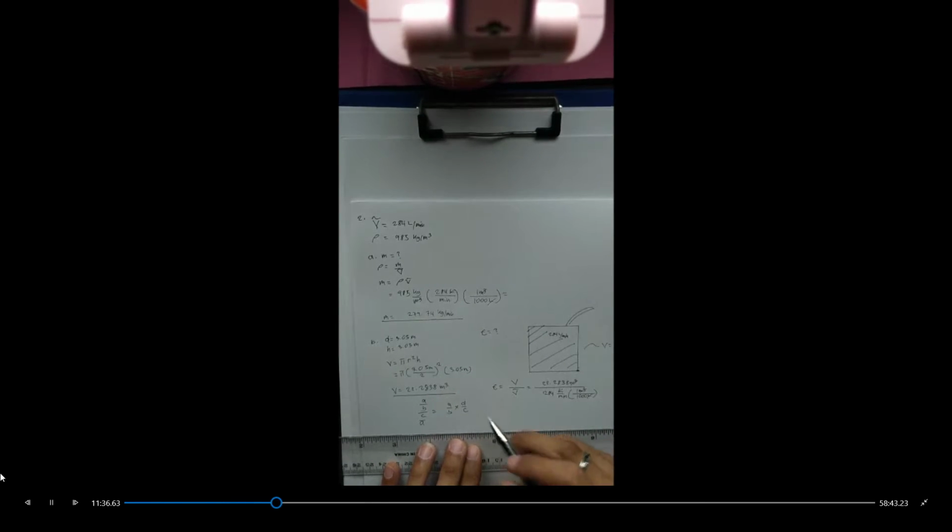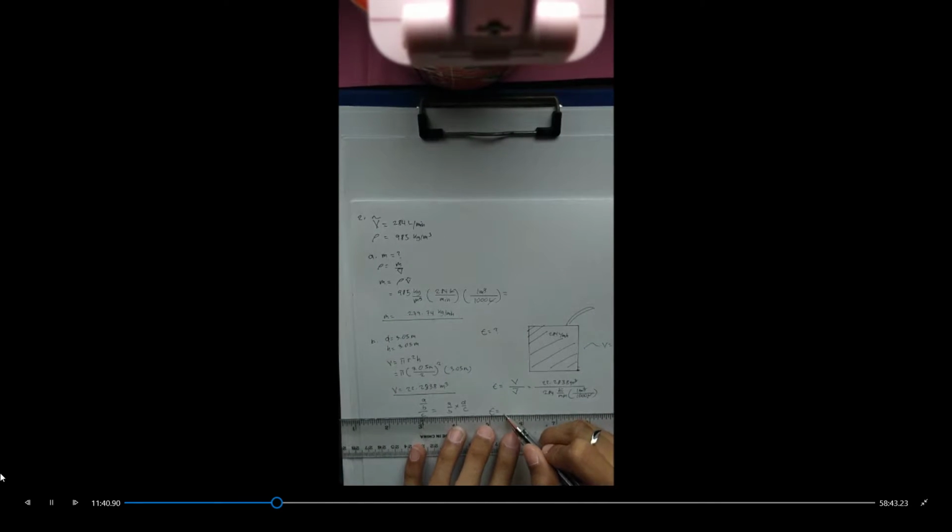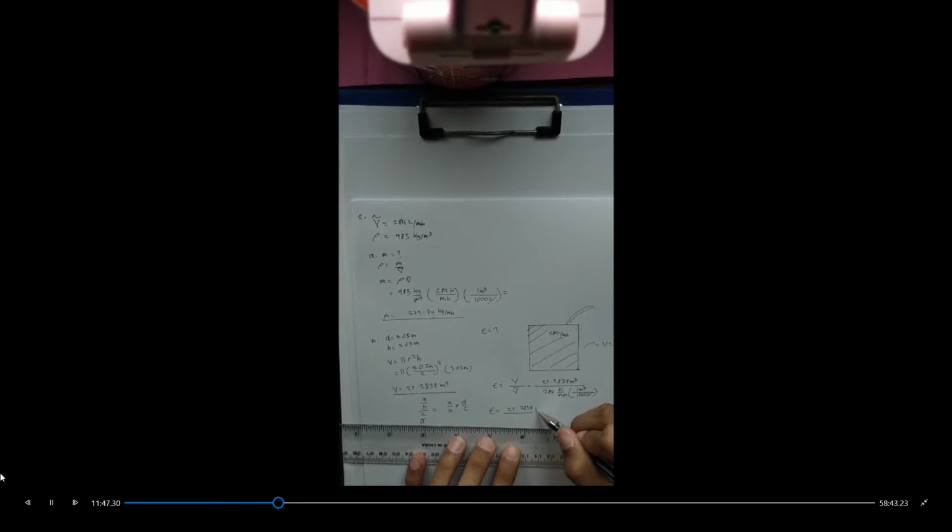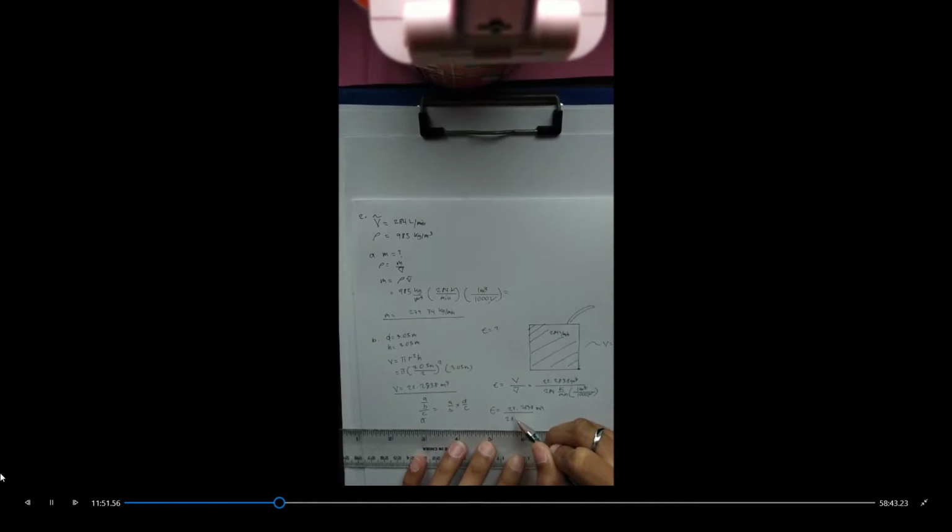So time is equivalent to 22.2838, since the reciprocal of minute will go on top, all over 284 divided by 1000.